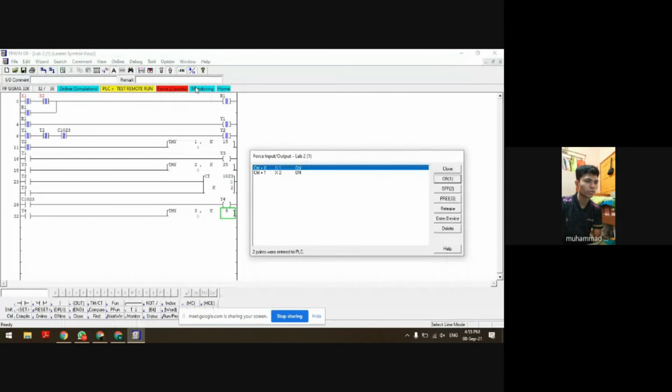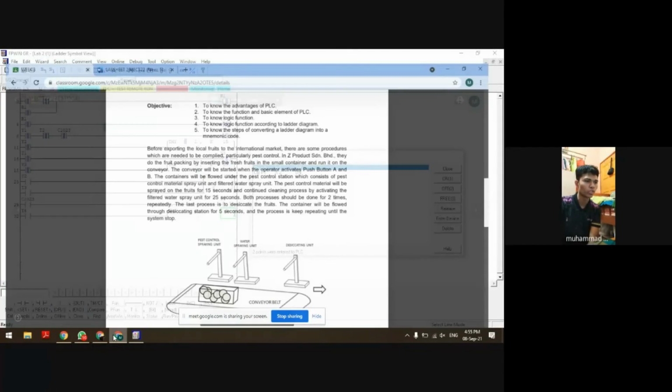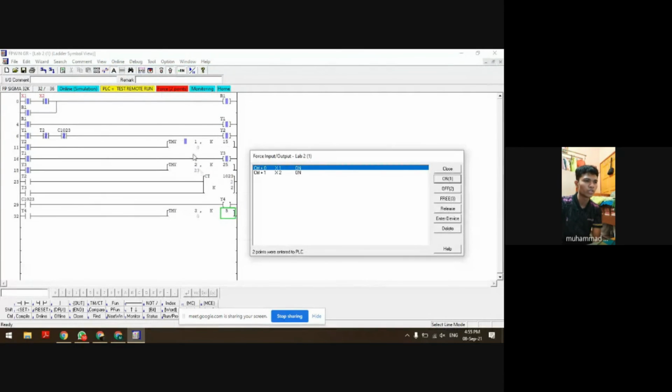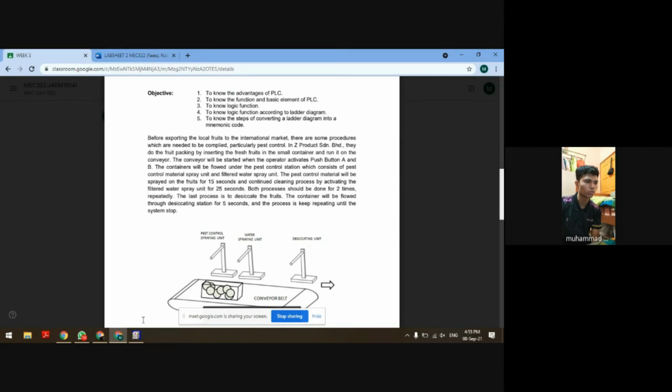At the pest control spray unit, there is timer 1 with a duration of 15 seconds. After that, it moves to Y3, which is the water spray unit, with timer 2 and a duration of 25 seconds. After this T2, the process goes for a second round, starting again with Y2, the pest control spray unit.